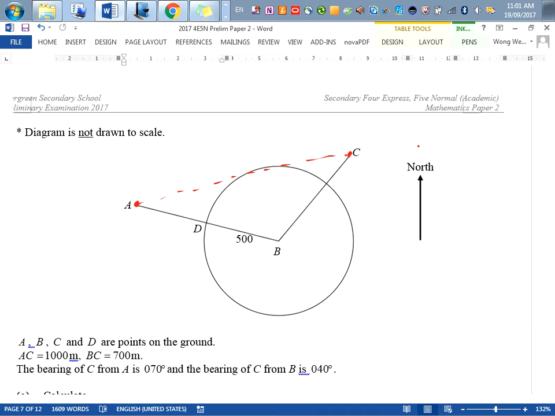The problem is this is not drawn to scale. So you need to calculate. And the concept used will be, what is the shortest distance from B to this line? Because it's not drawn to scale, I never check my work. So I'm asking you, what is the shortest distance as the drone flies along this path?